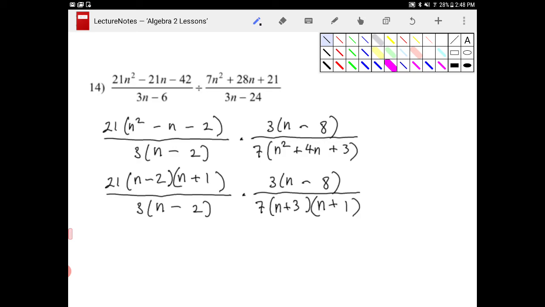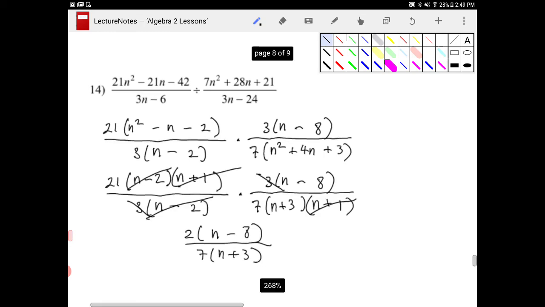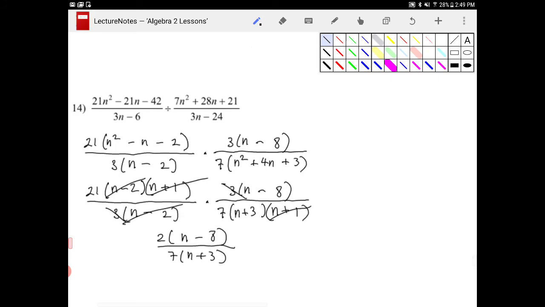So if I were to multiply this out, notice that n minus 2 cancels, n plus 1 cancels, the 3 and 3 cancel. I'm left with 2 times n minus 8 over 7 times n plus 3. And then checking out what n cannot equal, 3n minus 6 cannot equal 0, right?